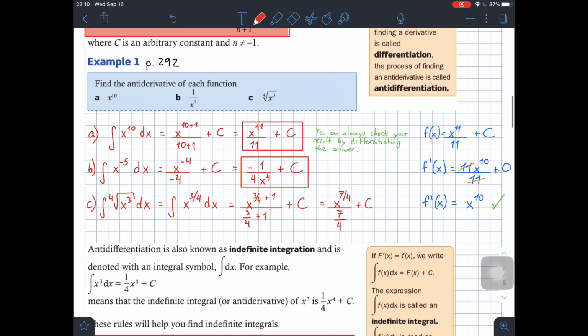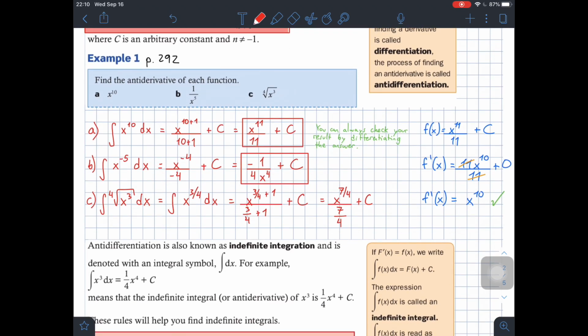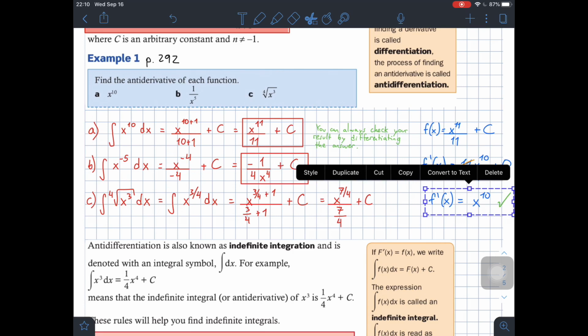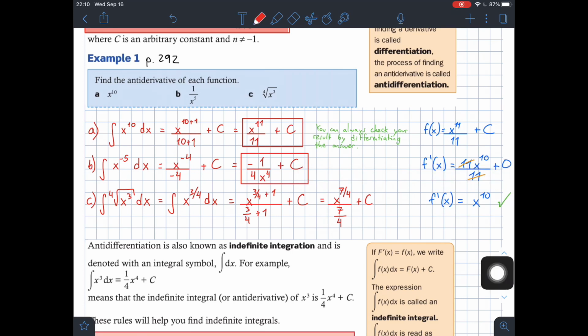So if we rewrite all of this expression in a more elegant way, let me see if I can make it fit here. This is the same as saying 4 times the fourth root of x to the power of 7. All of this is being divided by 7, and then the plus c at the end.